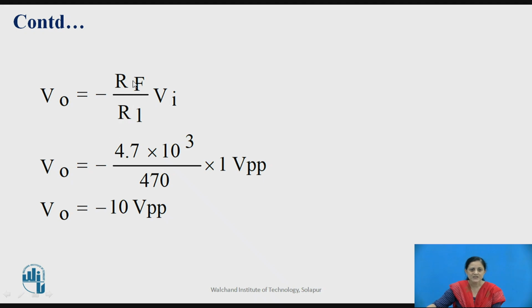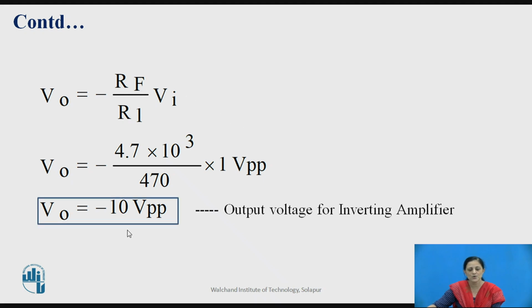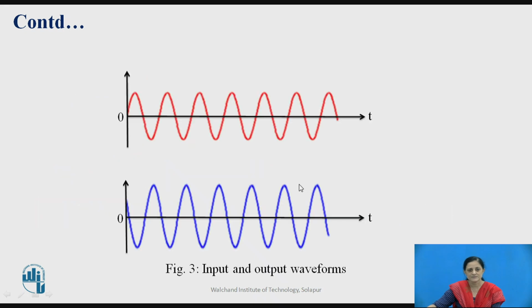Here RF equal to 4.7 kilo ohm, R1 is 470 ohm, and VI is a 1 volt peak to peak sine wave. Put these values in the above equation, and you get V out equal to minus 10 volt peak to peak. If you compare, the output voltage is inverting, that is with the negative sign. Why? Because the inverting amplifier mode is applied here.